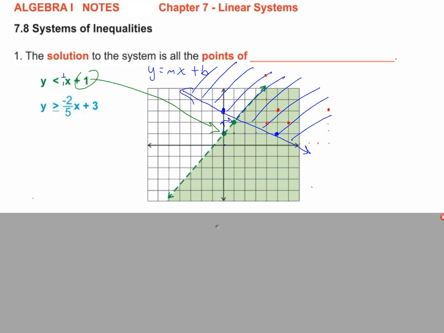No, that one is not an answer. Somebody else give me an answer. Andrew. Negative 1, 1. Nope, that one's not an answer. Andrew. Negative 1, negative 1. Actually, no, that one's not an answer.